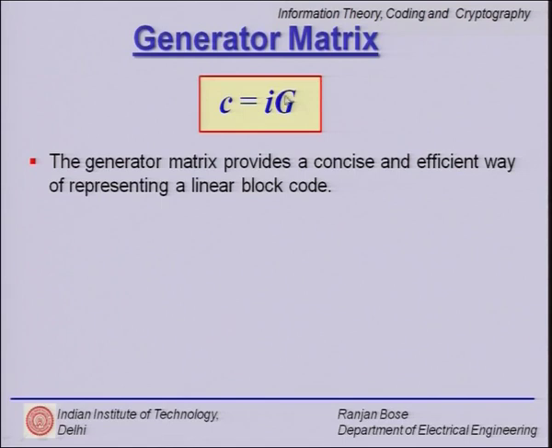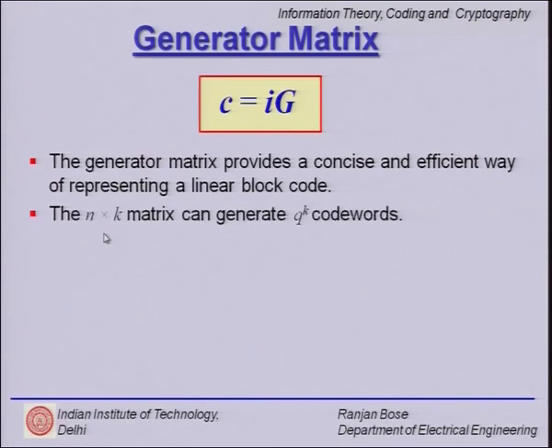On the other hand, a generator matrix generates a code word on the fly. It doesn't save the entire list. It just takes in the input vector and generates the code word on the fly. This is the beauty of the generator matrix.